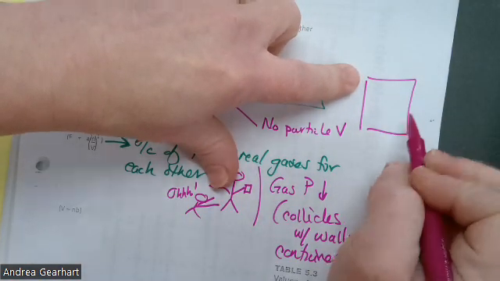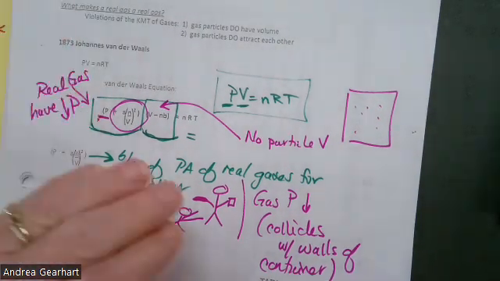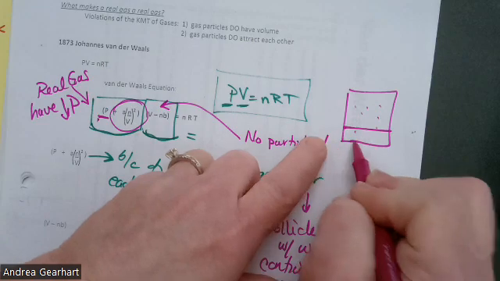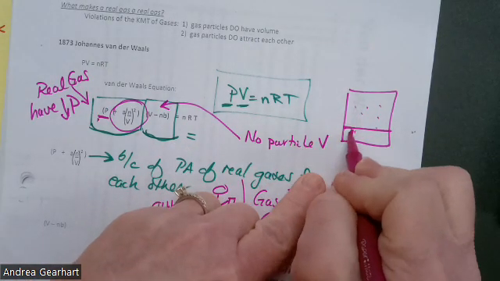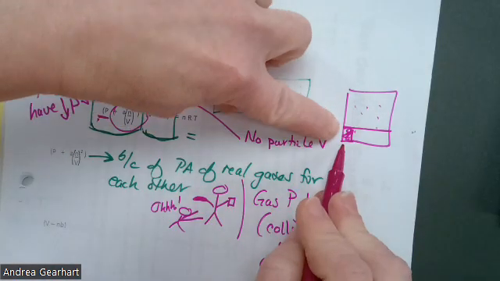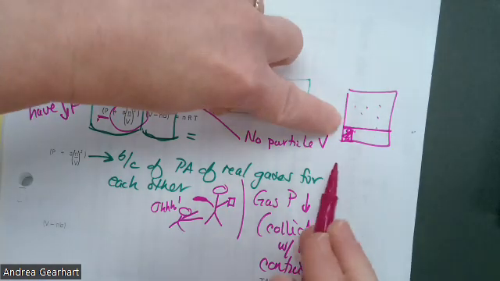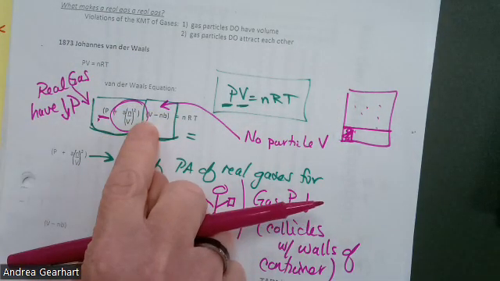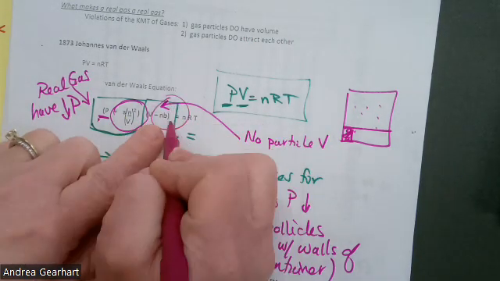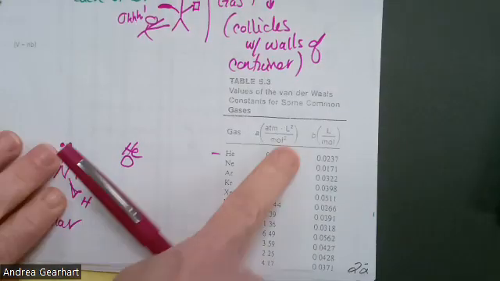At a large volume, we can ignore particle volume. But as soon as we start to get a low volume, which we would have with high pressure, then the particles make up a greater volume of a smaller volume than they do of a large volume. I hope that makes sense. So the volume that we measure is not really the volume. So this accounts for the number of particles that are there and their relative size.